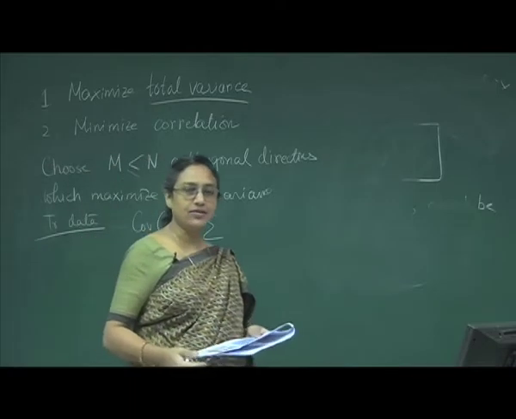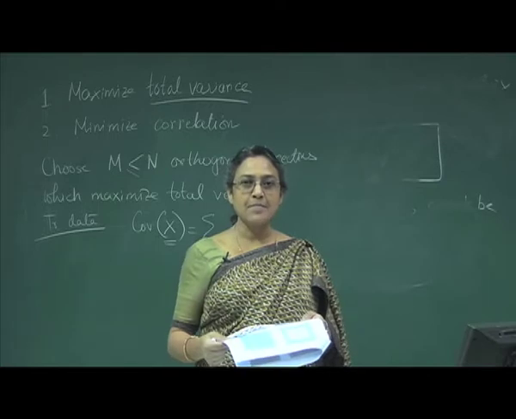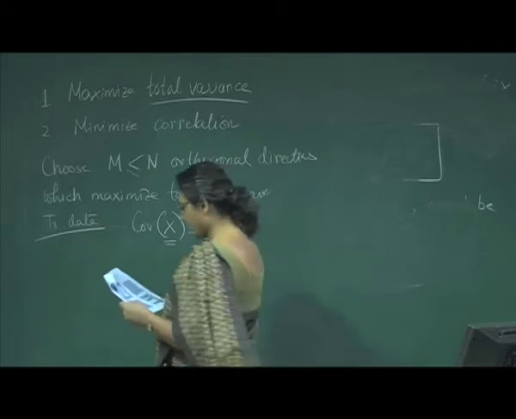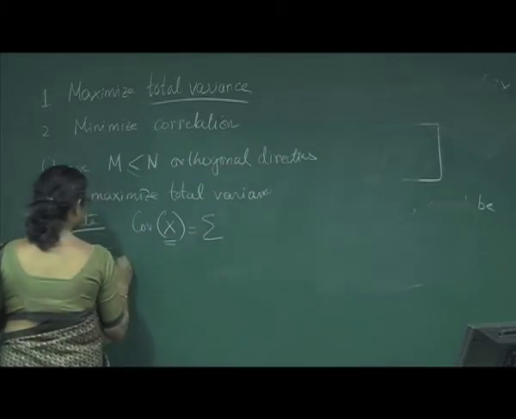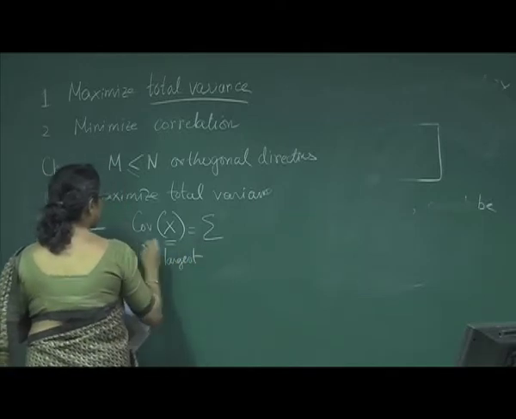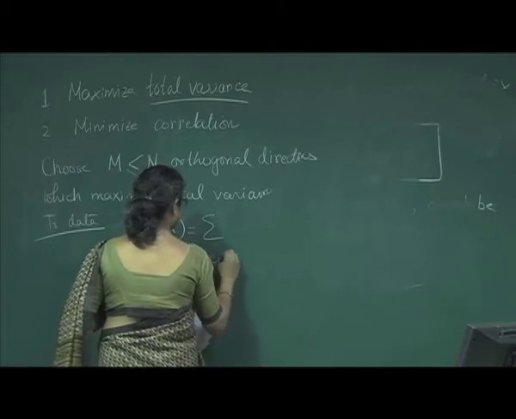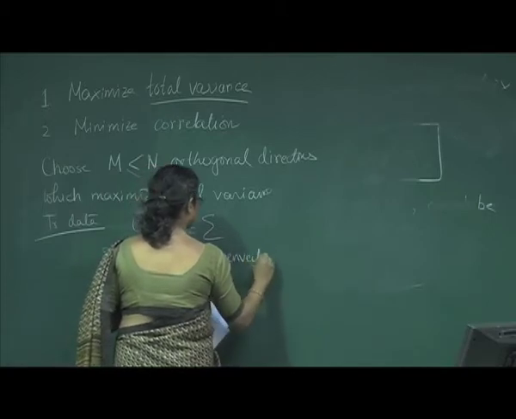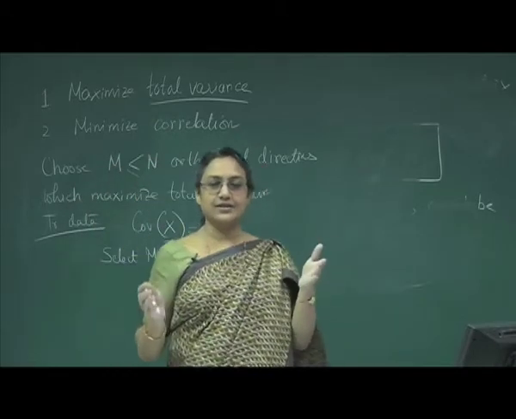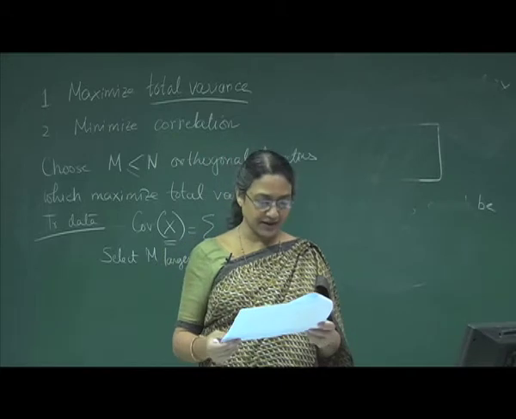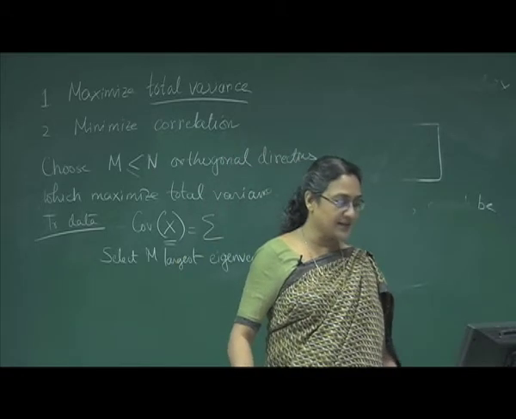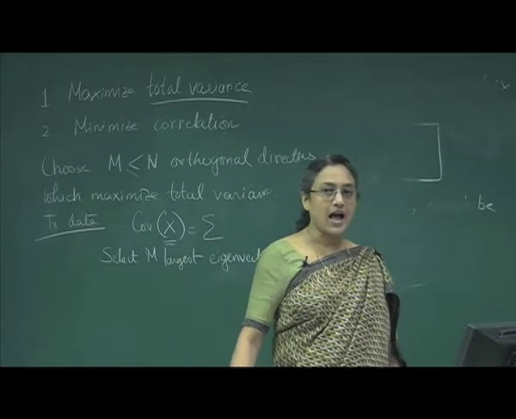From this covariance matrix, we select the m top principal components, which are also called eigenvectors. So we select the m largest eigenvectors of this covariance matrix. The top eigenvectors are the ones for which the eigenvalues are maximum. The first eigenvector will be the direction with the largest variance, the second with the second largest variance, and so on.